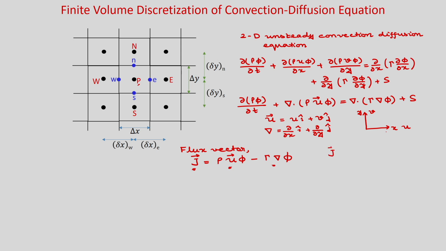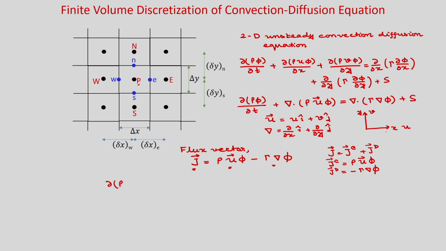So, J is J c, the convection term, plus J d, where J c is your rho u phi and J d is your minus gamma grad phi.